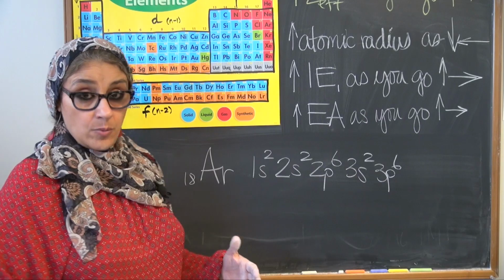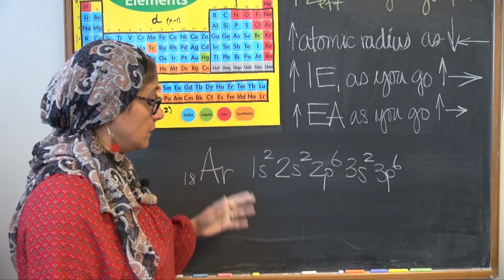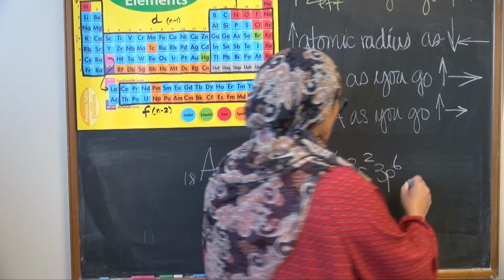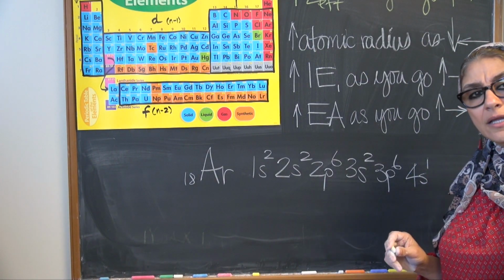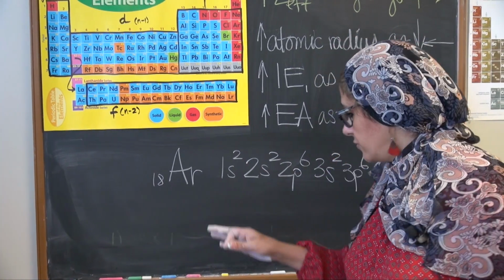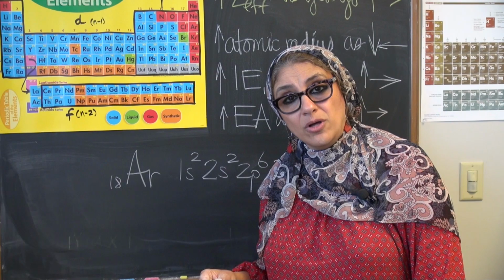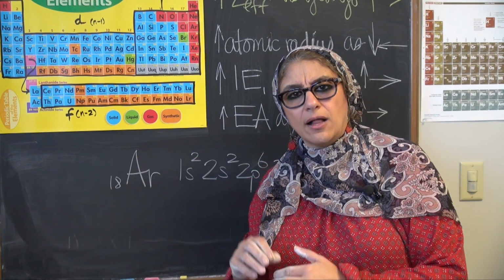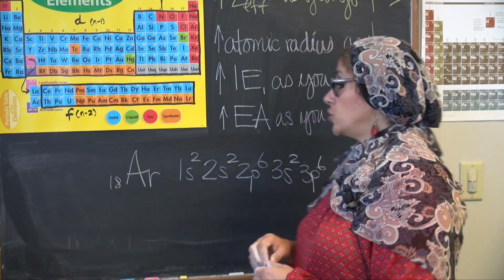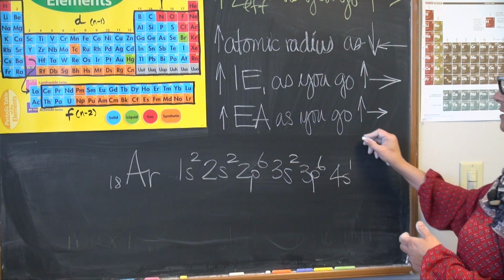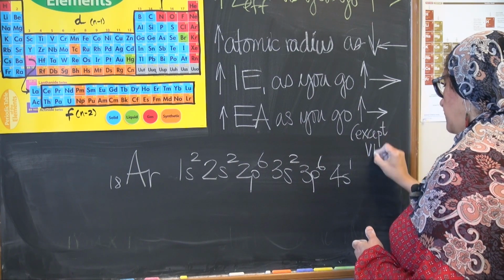Well, remember, you fill electrons in order of increasing energy. The next available energy is the fourth shell. Do you think adding an electron to the fourth shell with still 18 protons is going to be very stable? That's a whole other shell out. That's not going to be very stable at all. And so this trend excludes the noble gases.